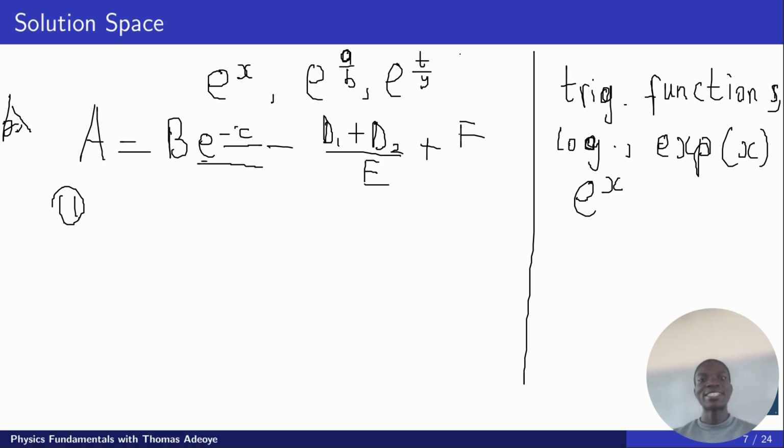So if I give you a question, say exponential t over y, where t is time, what's the dimension of y? Since t over y combined must be dimensionless, then y and t must have the same dimension so that the dimensions cancel out.